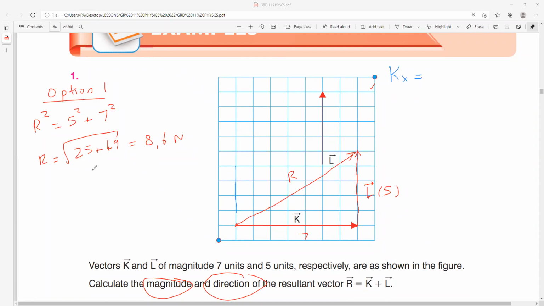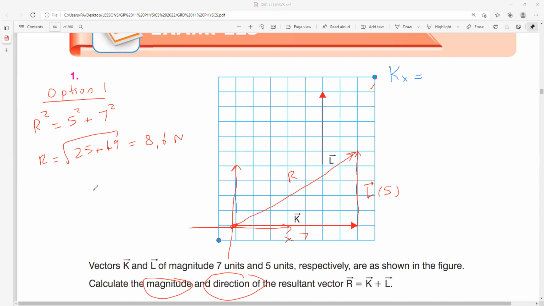If you have x-axis and y-axis, if you draw like this, this is your x and this is your y. And then K, as you see on the x-axis, Kx is northeast. Okay, on direction, we can say northeast, not just north.